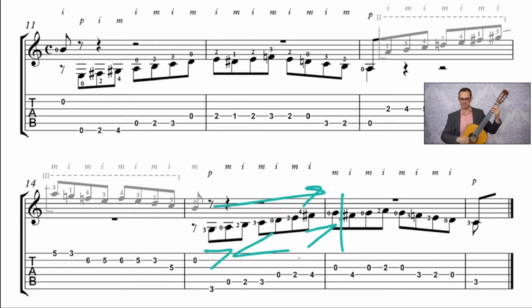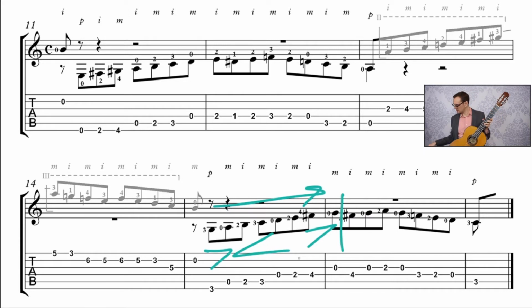Here's another way. I'm getting quieter up to the E, get louder, and then, that was actually a better one. So get quieter, which is exactly what I actually wrote.